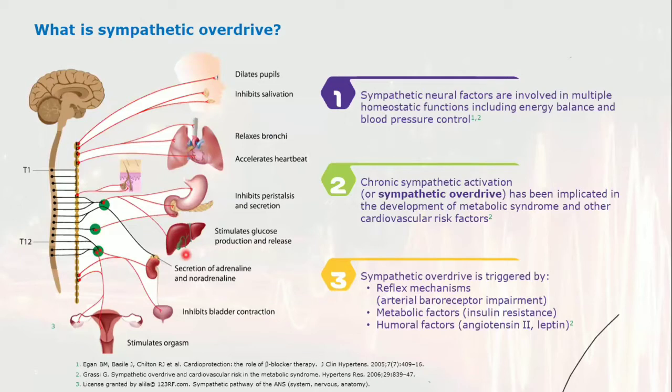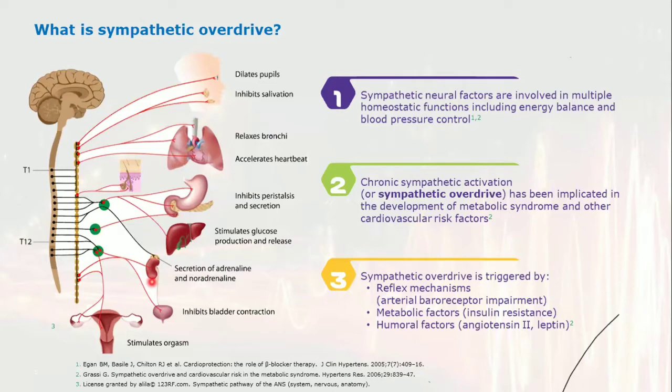And in fact, all the deleterious effects that are associated with the stimulation of the renin angiotensin aldosterone system, as a result of which there is a reabsorption of sodium and of water. So these are the effects which take place in the body as a result of sympathetic overdrive.